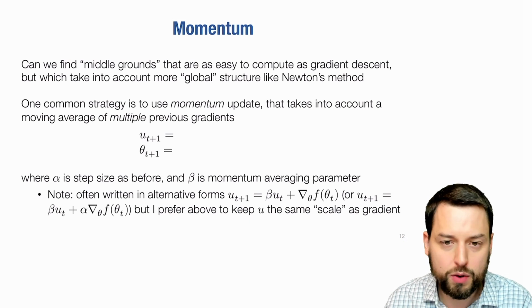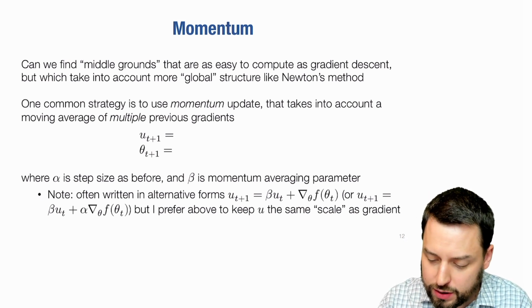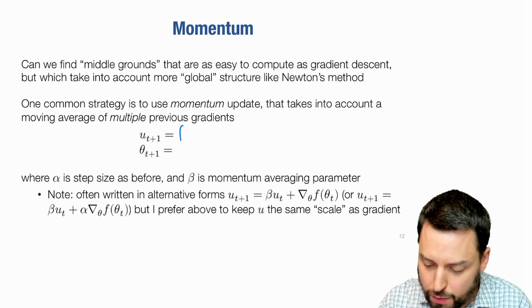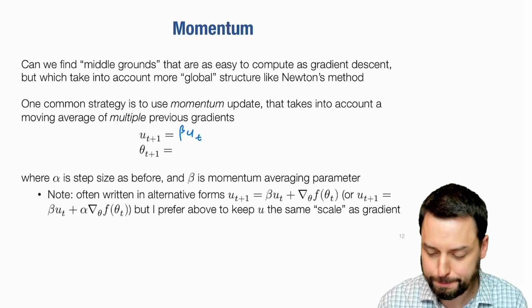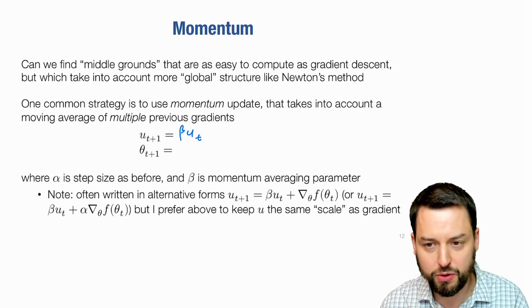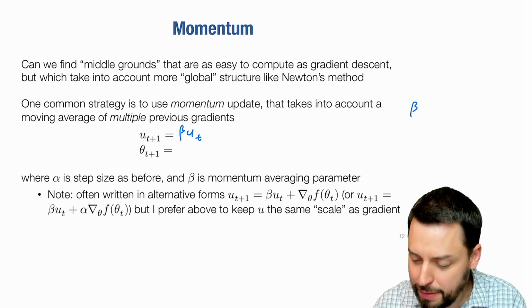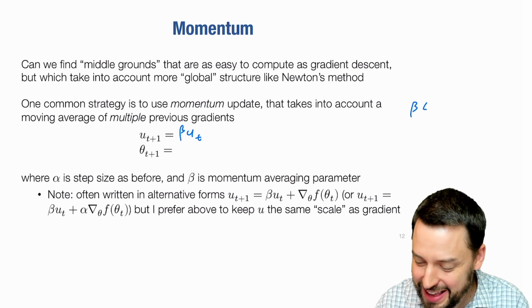Here's how we write momentum. We say that u t plus 1, which is going to be our momentum term, is equal to some multiple beta times our previous momentum term, where beta here is some scalar value that's typically, not always, but typically less than 1.